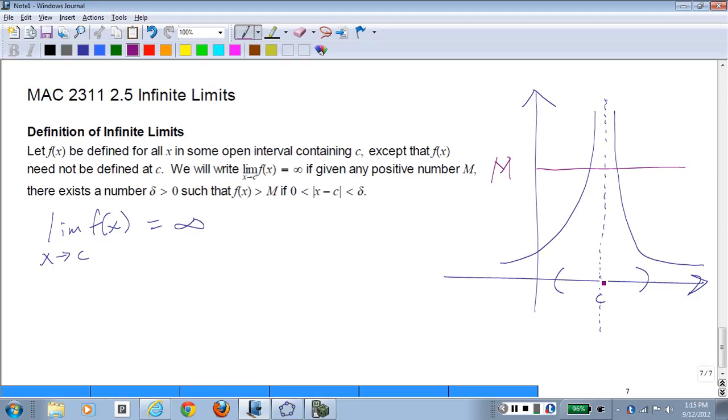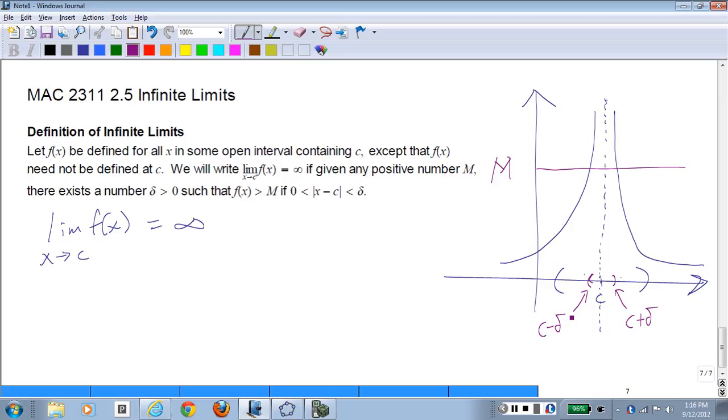You don't want to go too far to the left or too far to the right. That's too far to the right, so let's bring it in a little bit. And since I had to bring that one in, I want it to be balanced on each side, exactly the same distance on both sides. So, close: c plus delta, c minus delta.